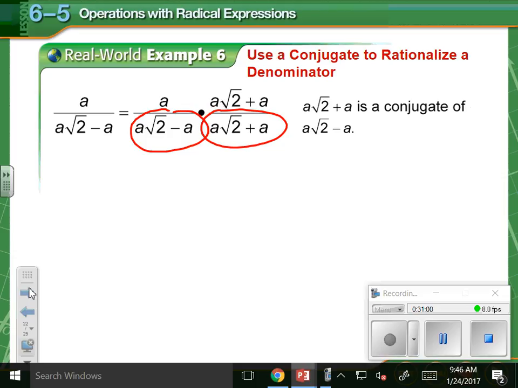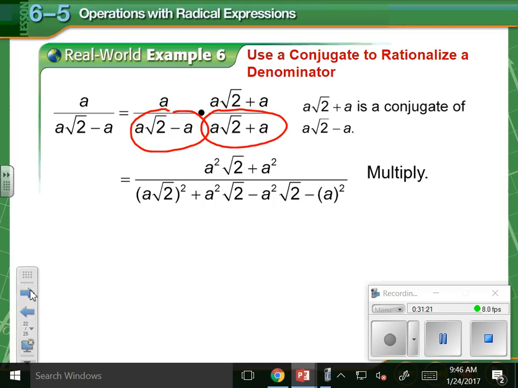When you use FOIL, it'll disappear and go away. Similar to what happened when we factored the difference of 2 squares. So A square root of 2 plus A and A square root of 2 minus A are considered conjugates.